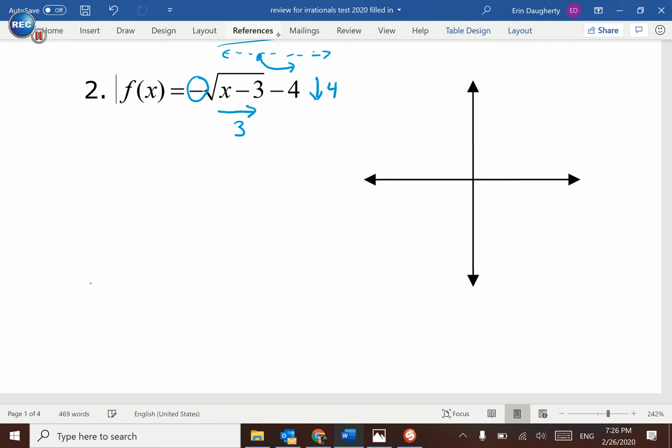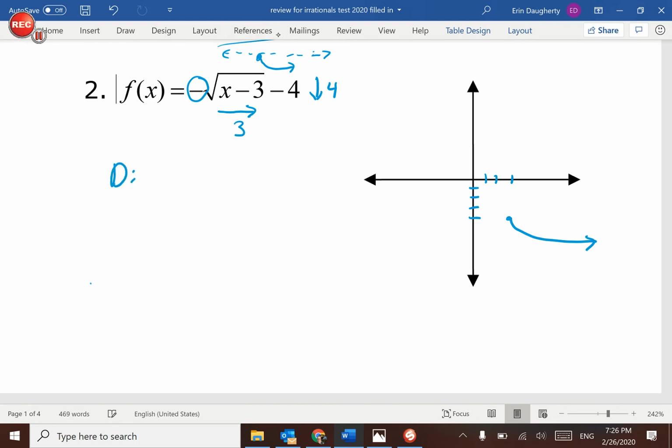Okay, now let's go ahead and graph this. So we're going to start by shifting the entire graph down 4, 1, 2, 3, 4. Okay, then it's also going to be shifted 3 right, 1, 2, 3, and instead of a positive radical, we're going to have a negative radical. And that's going to change our range. But let's start with our domain.